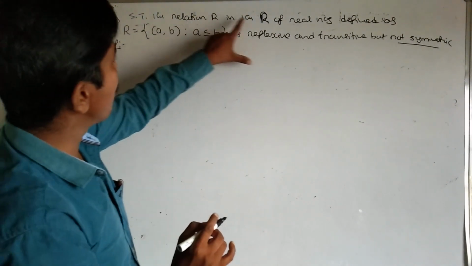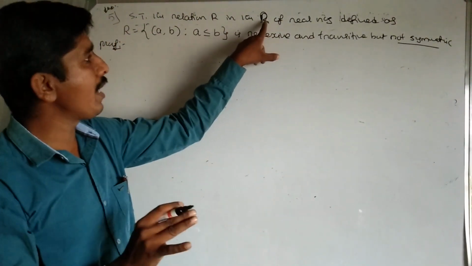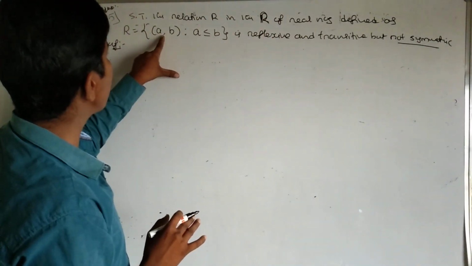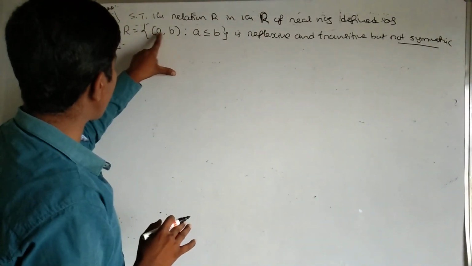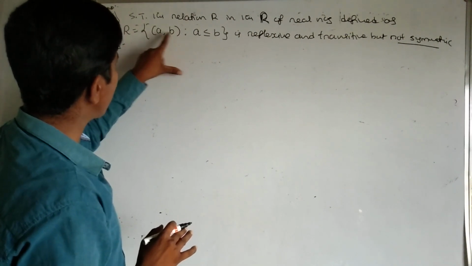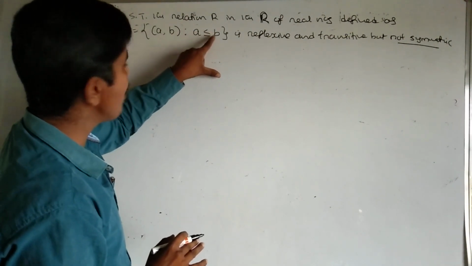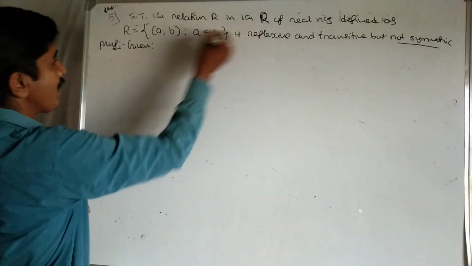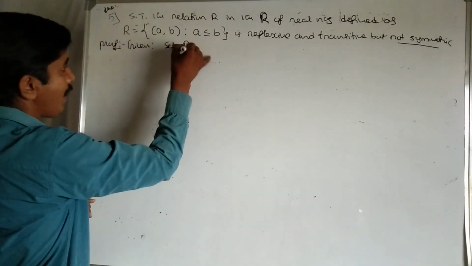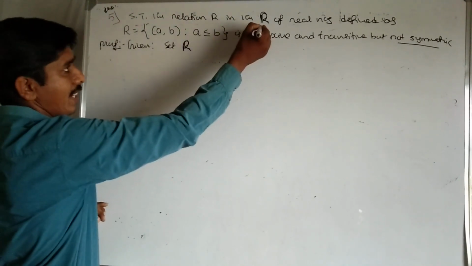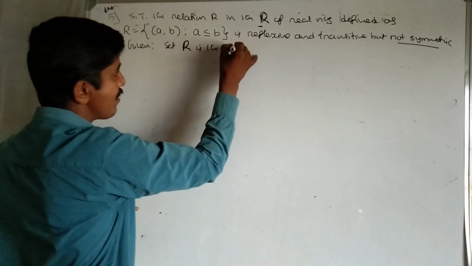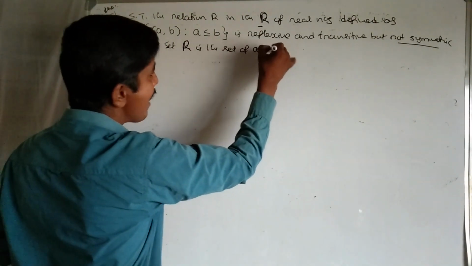A relation is defined in the set R, where capital R means the set of all real numbers, defined as R equal to A comma B, such that the first element is less than or equal to the second element of the ordered pair. Here the given set R is not the relation; it is the set of all real numbers.